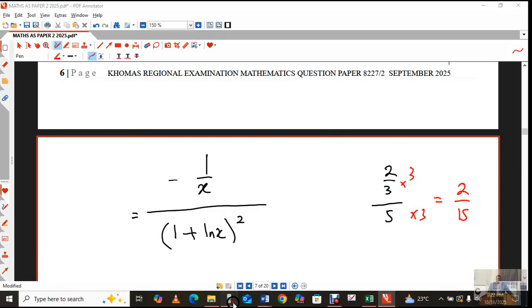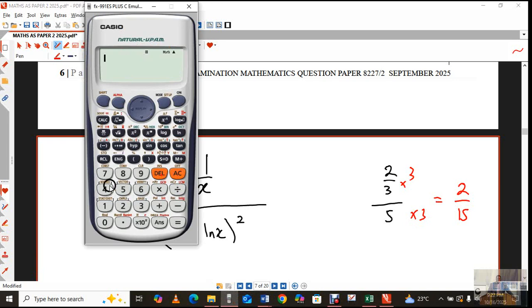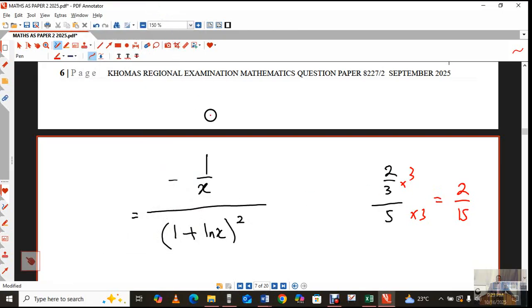And you can actually go ahead and see that that is exactly the answer. If you have 2 over 3 and you divide that by 5, for example, that gives you 2 over 15. Now, the reason I did that was that I'm going to multiply here by x, and I'm also going to multiply here by x, okay?